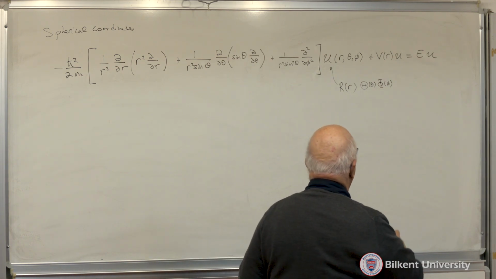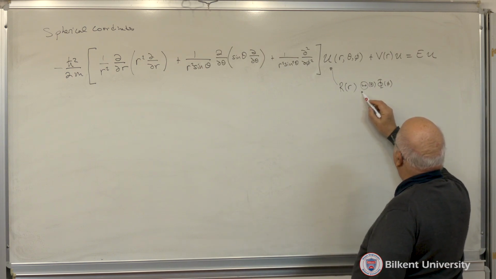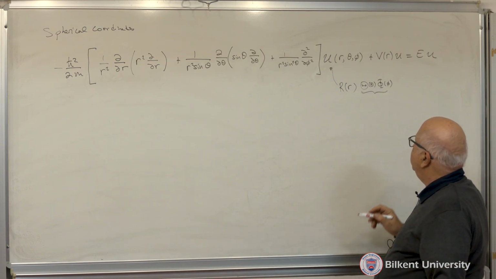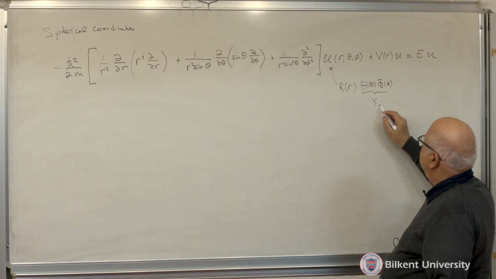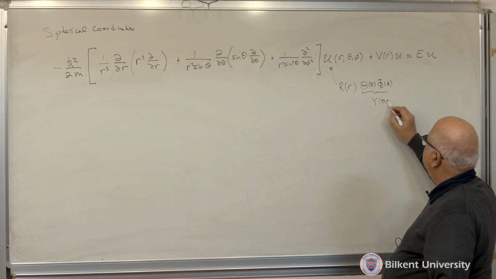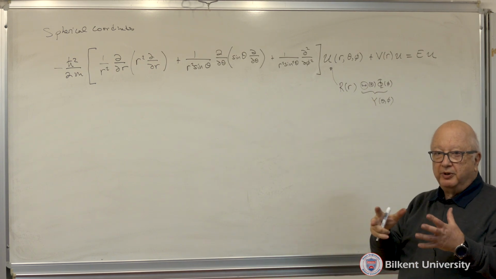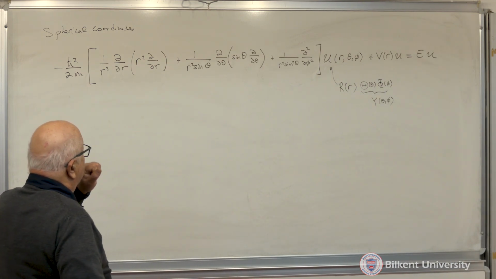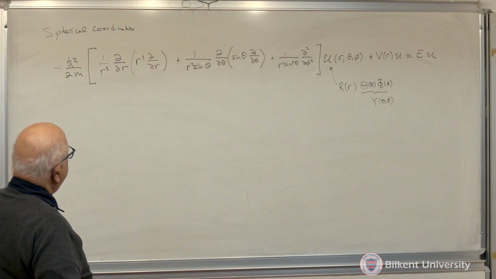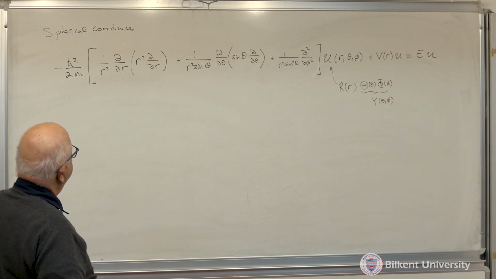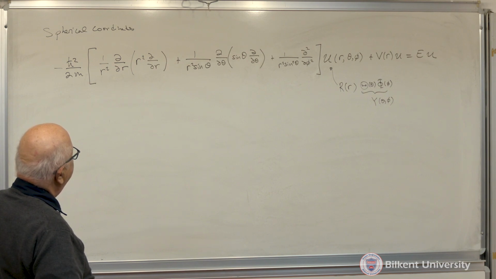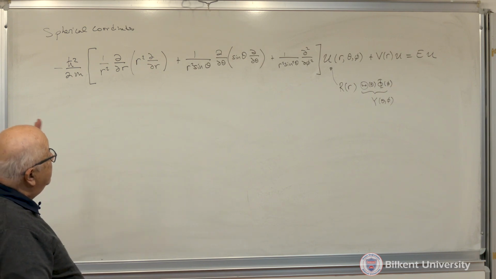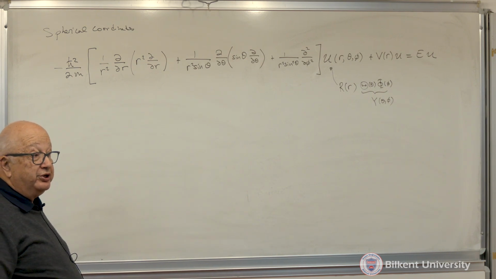In fact, this Theta of theta and Phi of phi is usually combined into a single function of theta and phi. The angular part is treated separately. This angular piece I am going to give a name, so that I don't have to write this long equation again and again.